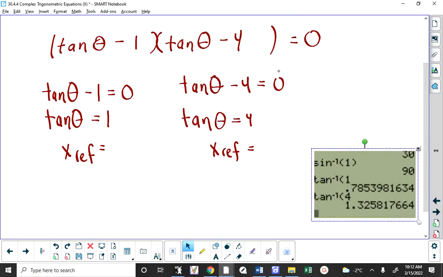I'm getting 0.79 for the first one and 1.33 for the second.